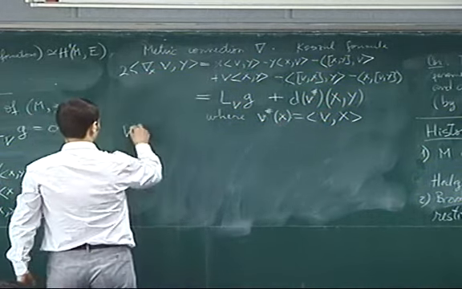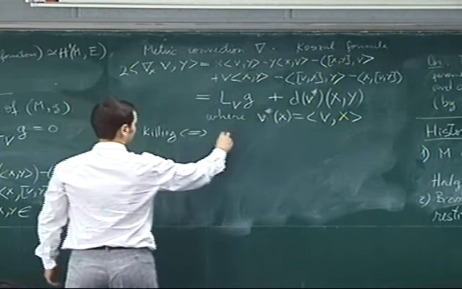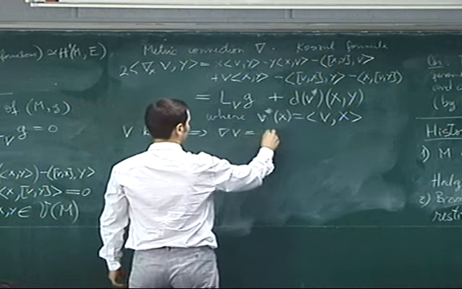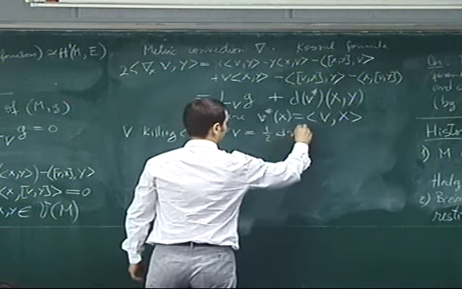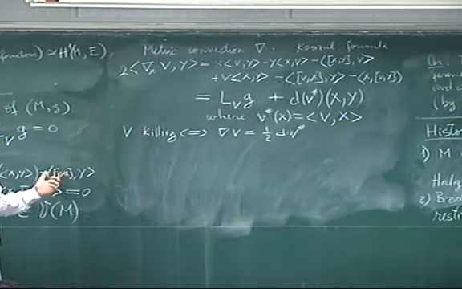Okay, so V is Killing if and only if nabla V is equal to 1/2 the exterior derivative of the dual one form.